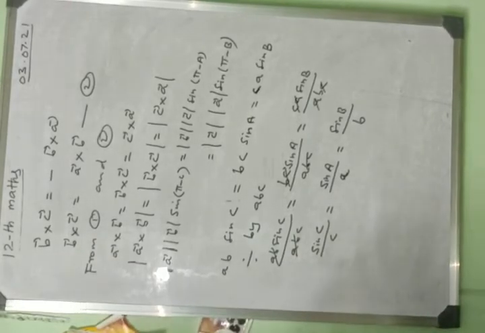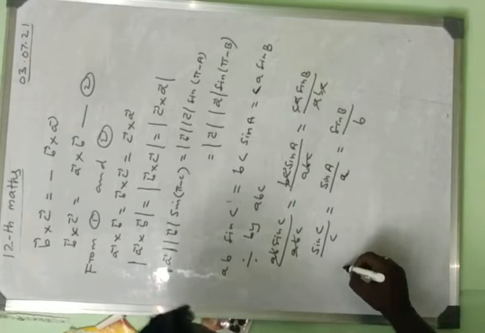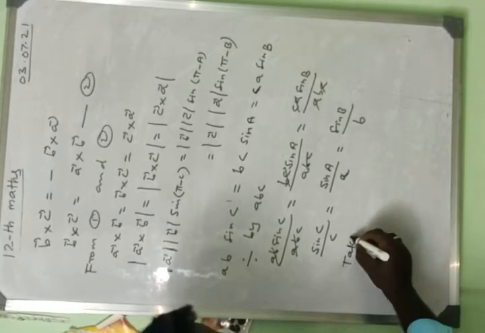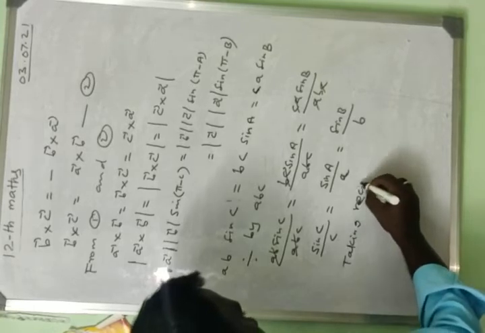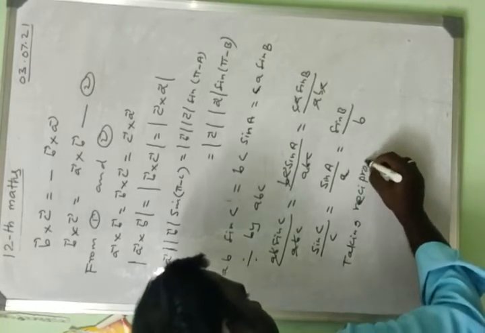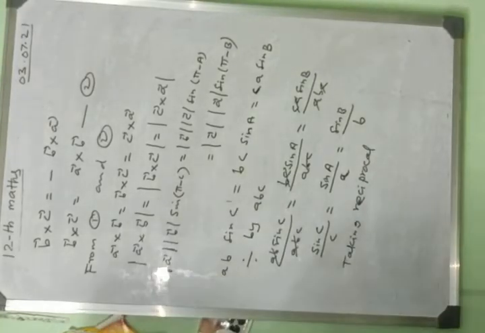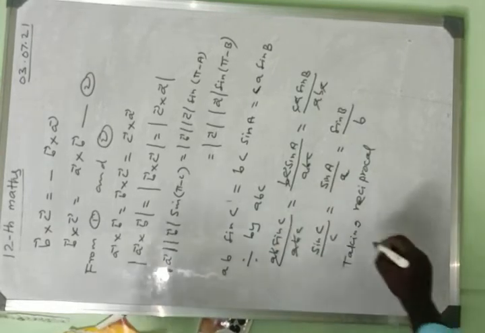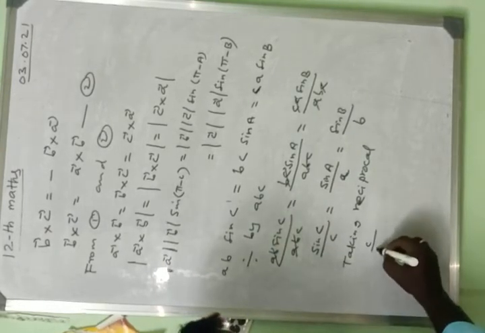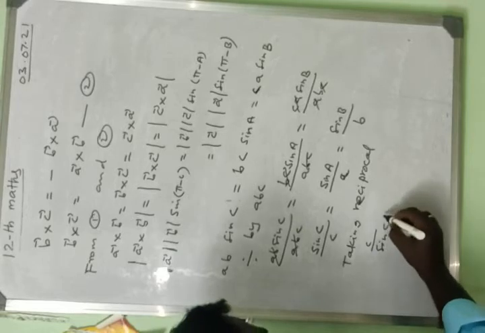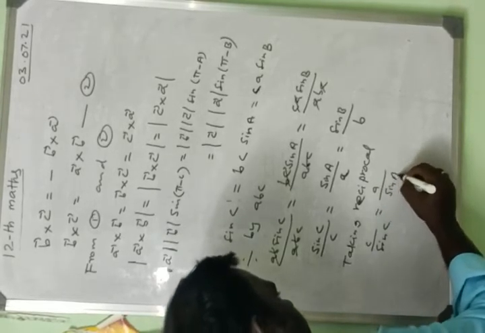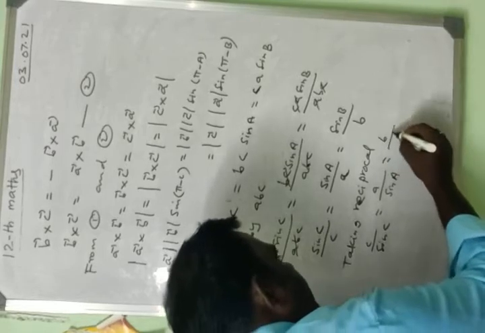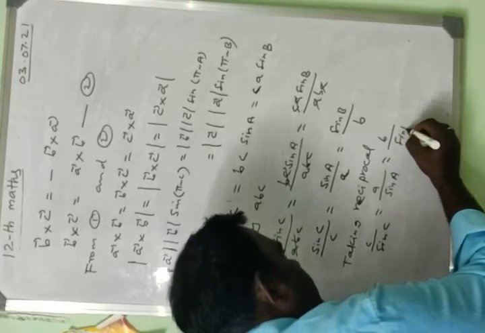Taking the reciprocal means C by sin C equals A by sin A equals B by sin B, like this.